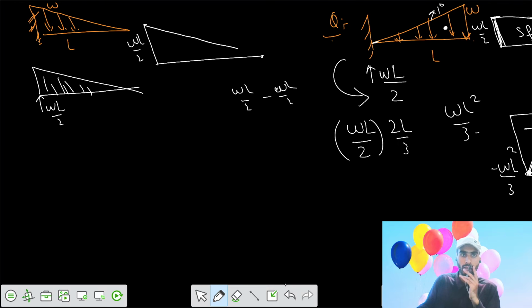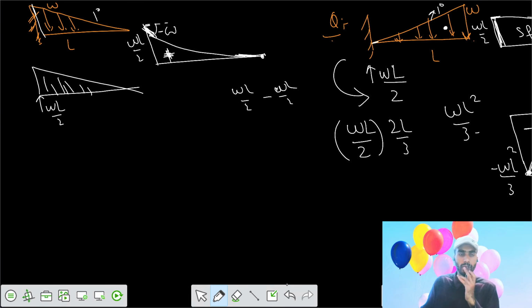Now the variation is 2 degree, and the slope here has to be a value of W, and the slope here is 0. So we need to join the two critical points. The shear force is positive, and the slope is negative because minus W acts downwards.